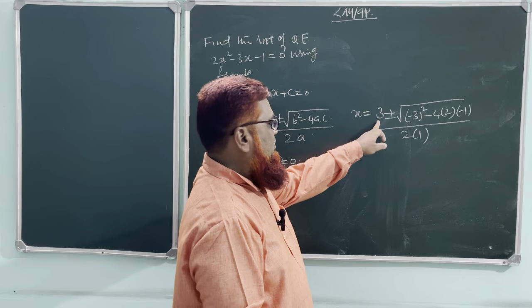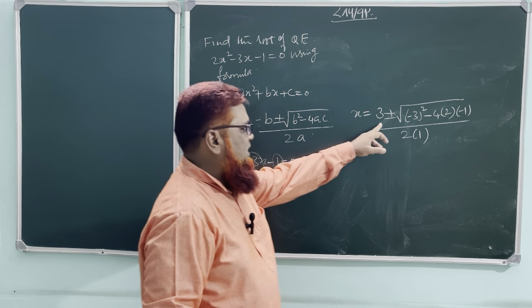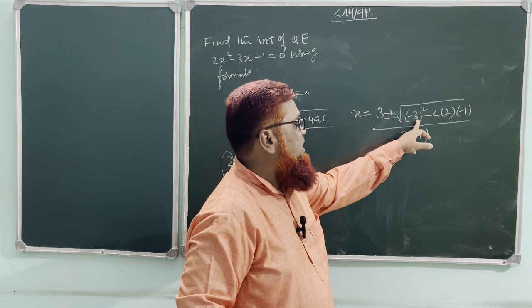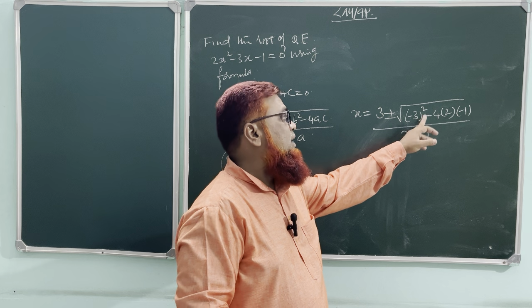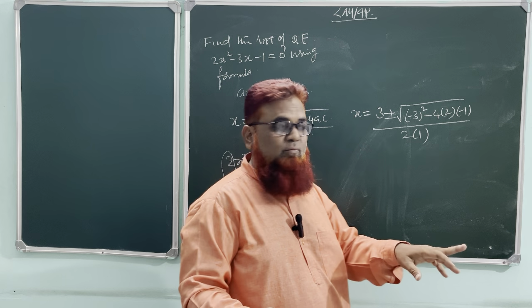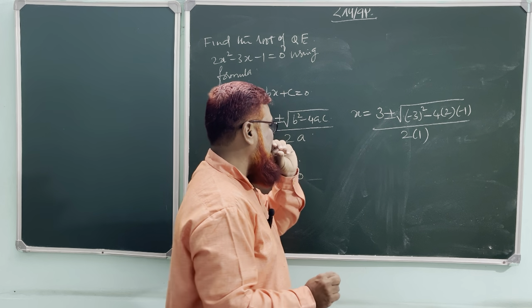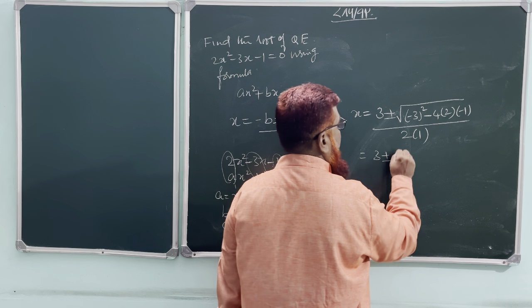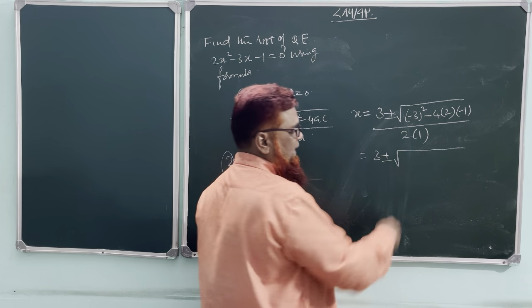Minus b, minus of minus, plus 3 plus or minus square root of minus 3 square minus 4, a is 2 and c is minus 1, divided by 2a, that is 2 ones are 2.